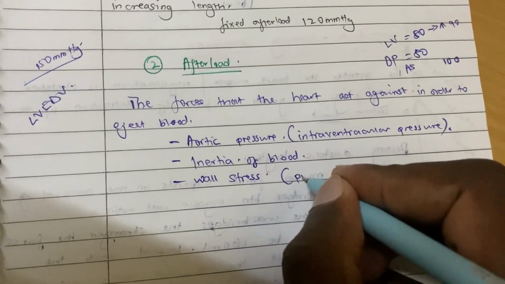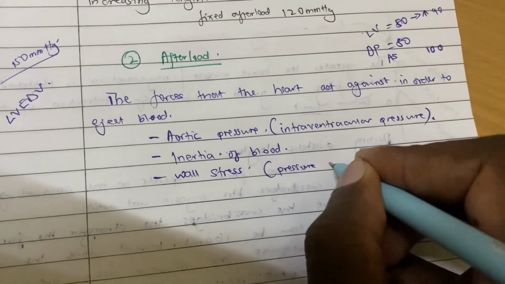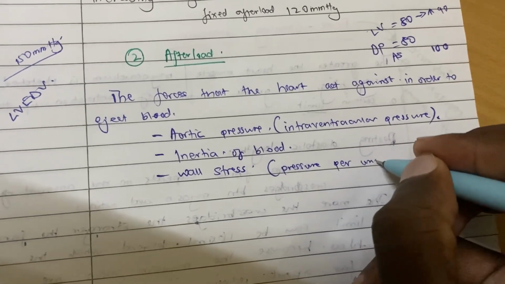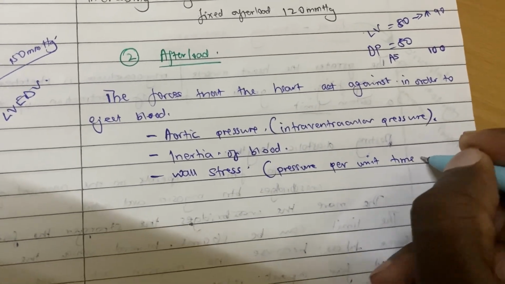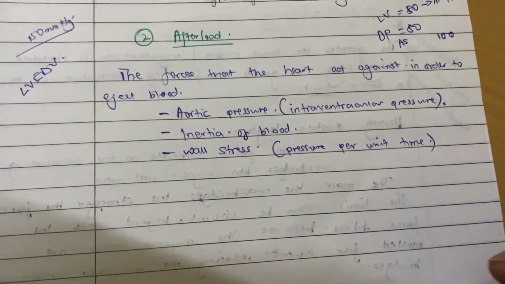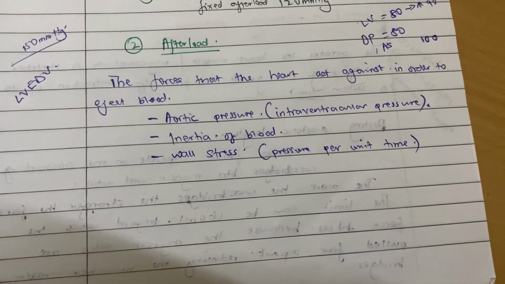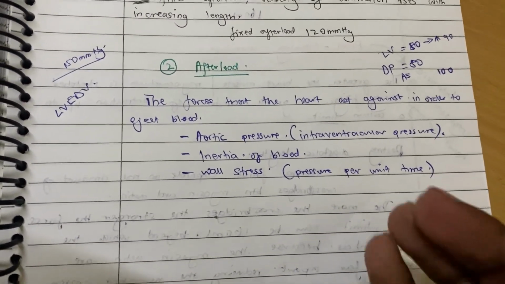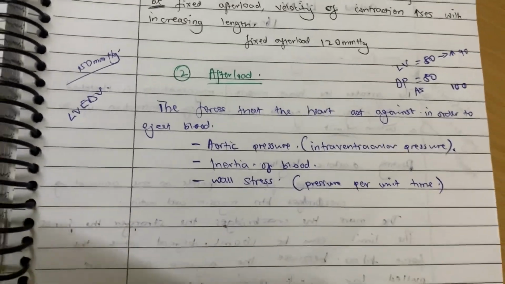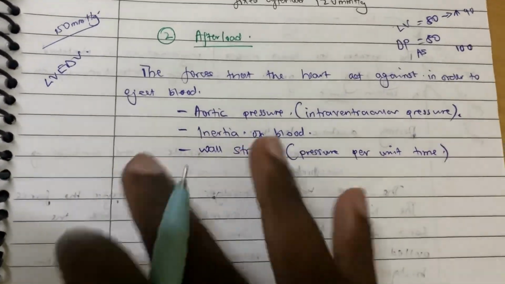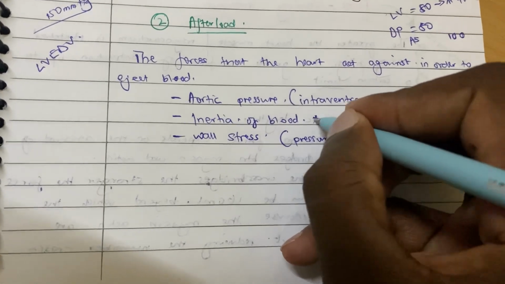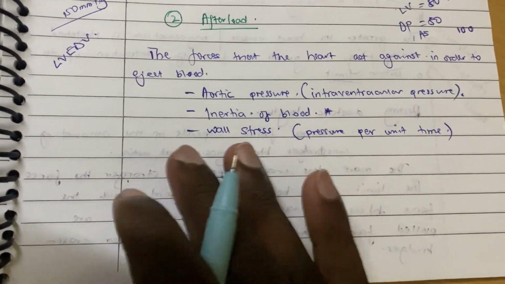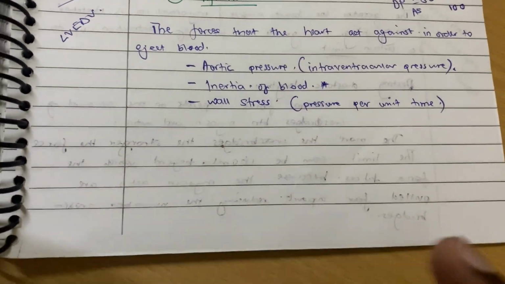It is force per unit area. Leave alone the aortic pressure and inertia. With wall stress, in most heart conditions, we work to reduce it.